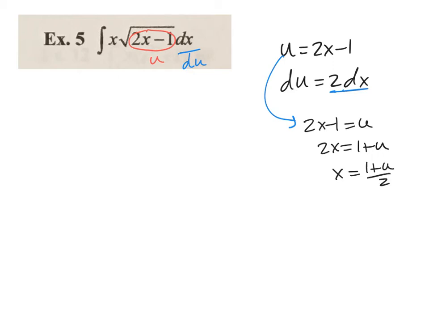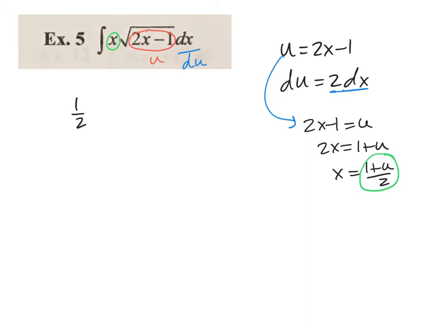So now what I can do is take x and replace it with (1 plus u) over 2. So let's rewrite this integral then. Remember, we need the 1/2 out front to balance out the fact that du is actually 2 times dx. So I can't just replace dx with du unless I balance it out with a 1/2 out in front.